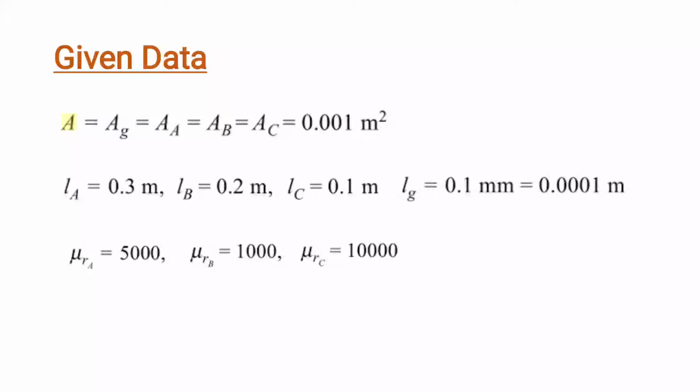The permeability for material A is 5000, for material B it is 1000, and for material C it is 10,000. The flux is also given, 7.5 into 10 power minus 4 Weber. With this we have to find the MMF, exciting current and the reluctance.